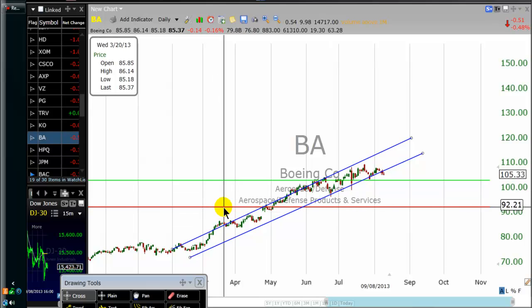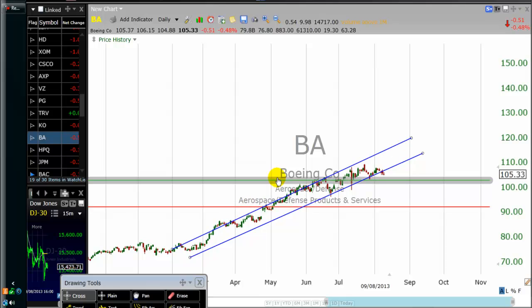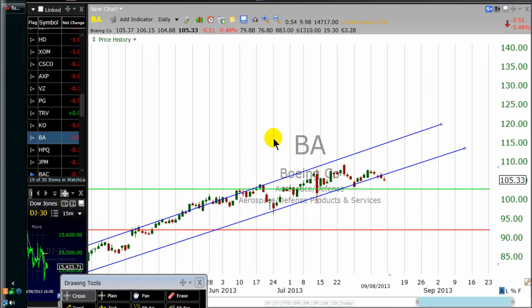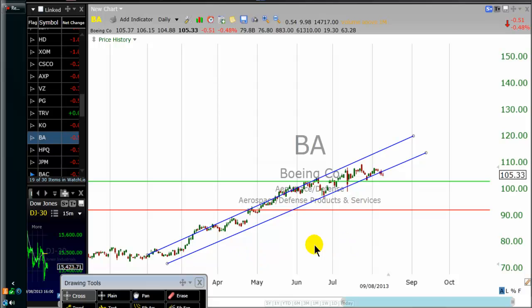The long-term equilibrium price level for Boeing, which we should not forget, up to the end of the year 2013, is at 9221. The price is above the short-term and the long-term equilibrium price level. But as you can see, as I draw the blue channel here, the price is coming out of the channel. One of the mistakes that traders make is that, as the price breaks below a trend line, they forget the horizontal key levels.